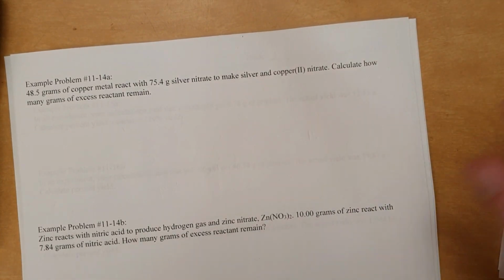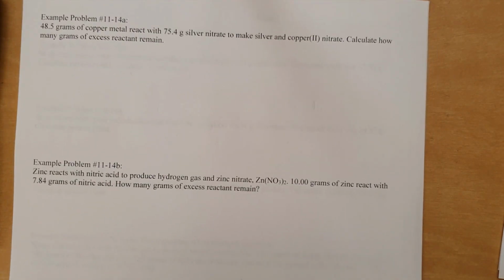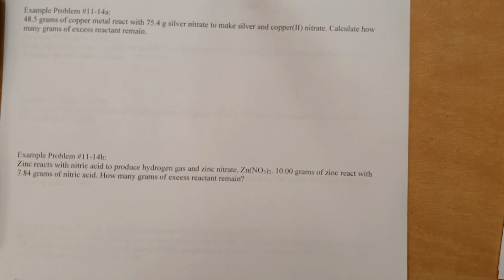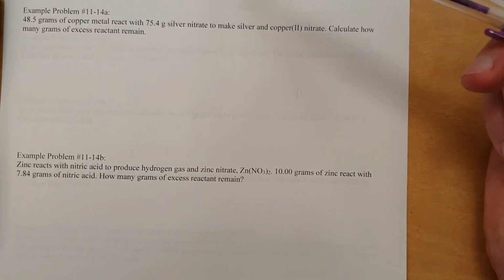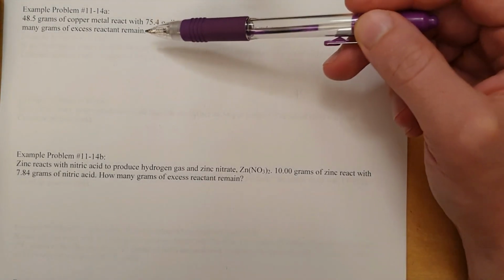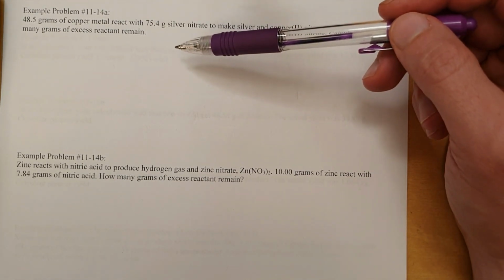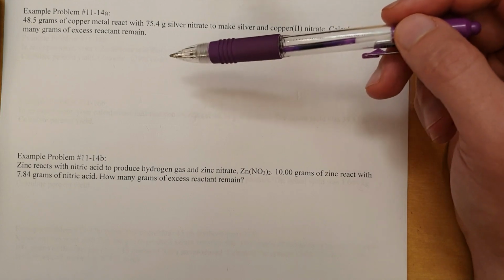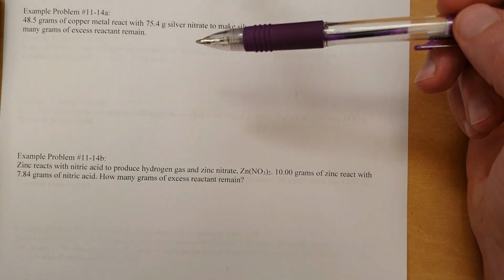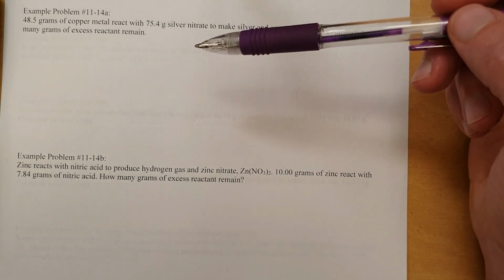All right, so having done that, let's look at another one. Now we're going to look at the same thing, except how many grams of excess reactant remains. So we got to do the same as we did before, and then subtract out how much is used out of your excess.